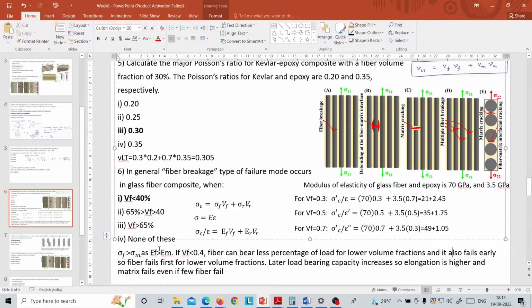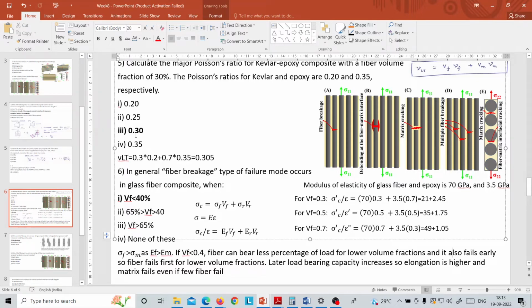Therefore in lower volume fraction cases, the fiber will be the first point of failure and the matrix will still bear some load, so fiber breakage would be the point at which failure is seen. But in the rest of the cases, the fiber will continue to bear the load, but the matrix will instantly fail because the strain limits are very high.